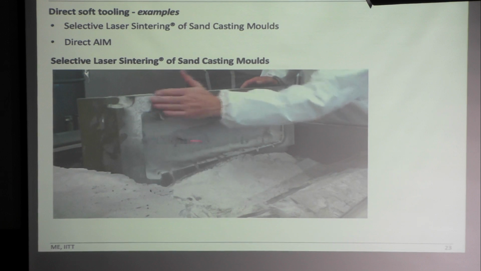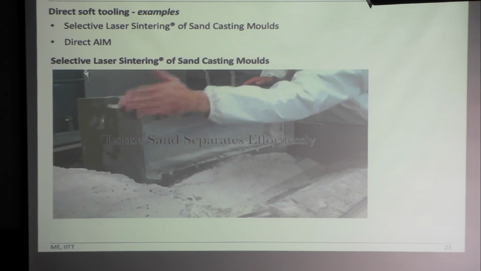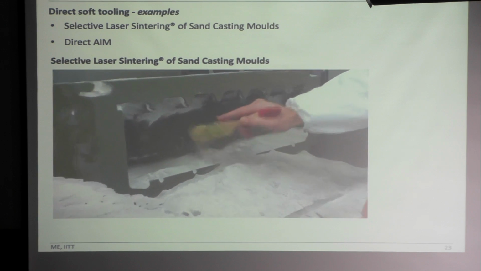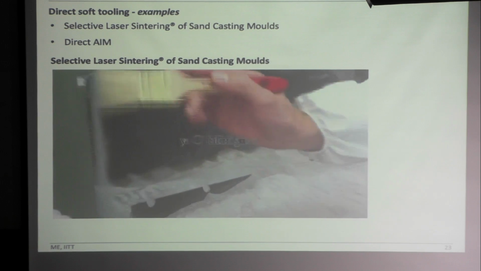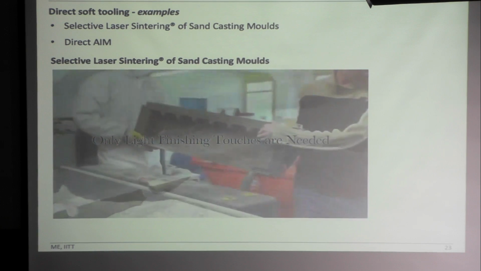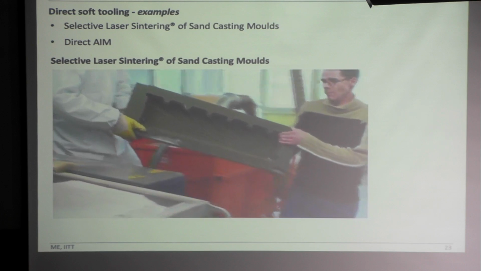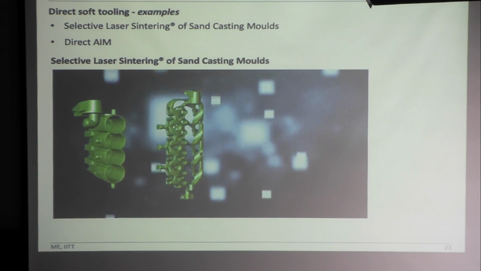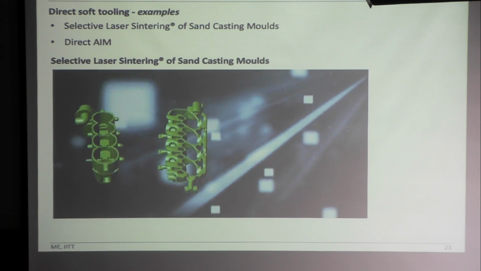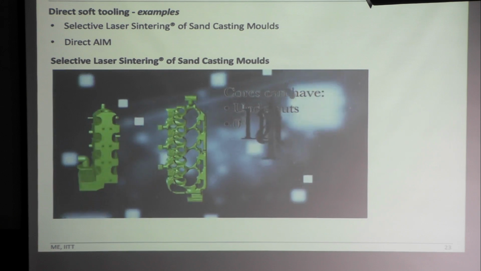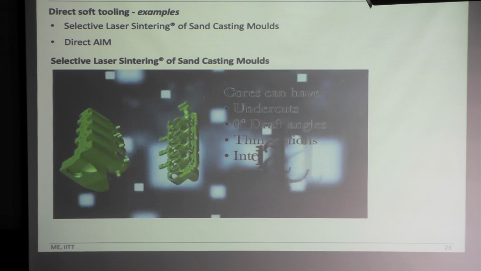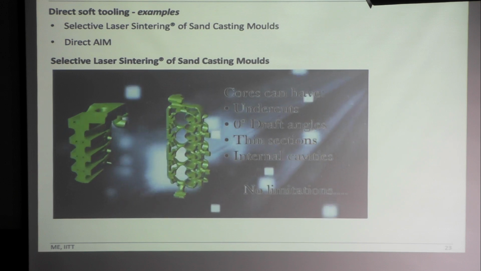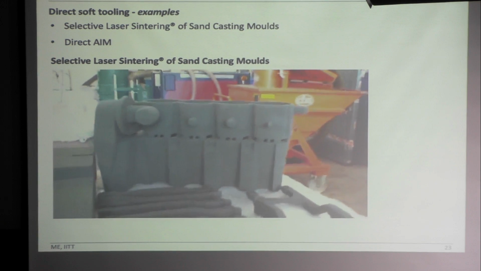So these are the molds, 3D printed molds. Similarly, cores can also be manufactured by selective laser sintering with all the features required, complex features. These are the cores.